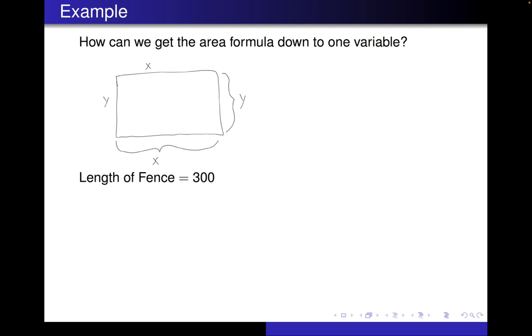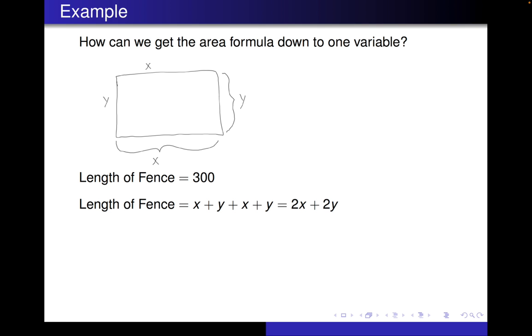On the other hand, if we use the setup that we have in that picture above, the length of the fence is just adding up all the lengths of the sides of our fence. So I'm going to go clockwise from the top: x plus y plus x plus y. We don't have to simplify that, but I think I will. It might be helpful later. That's going to be 2x plus 2y.